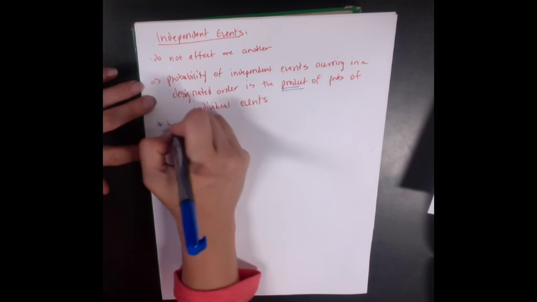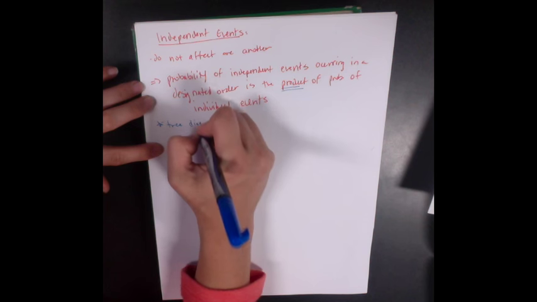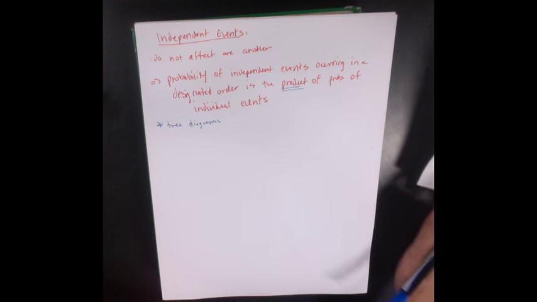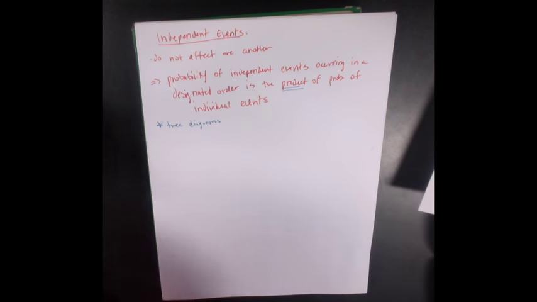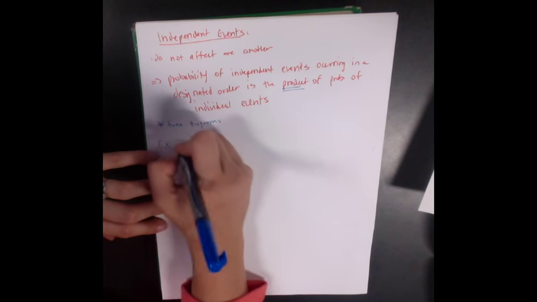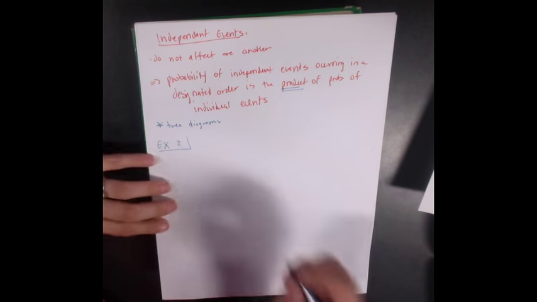The product. And a key in this is our tree diagrams. It is the key to success. So let's do an example.